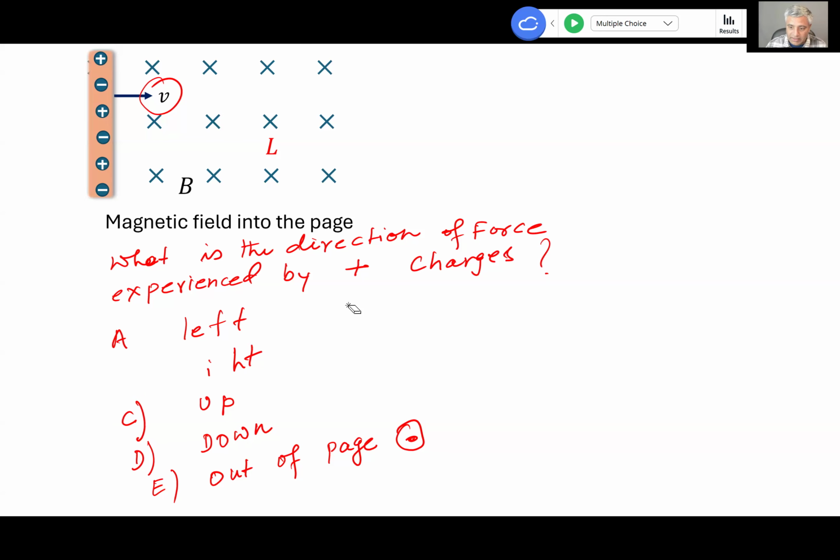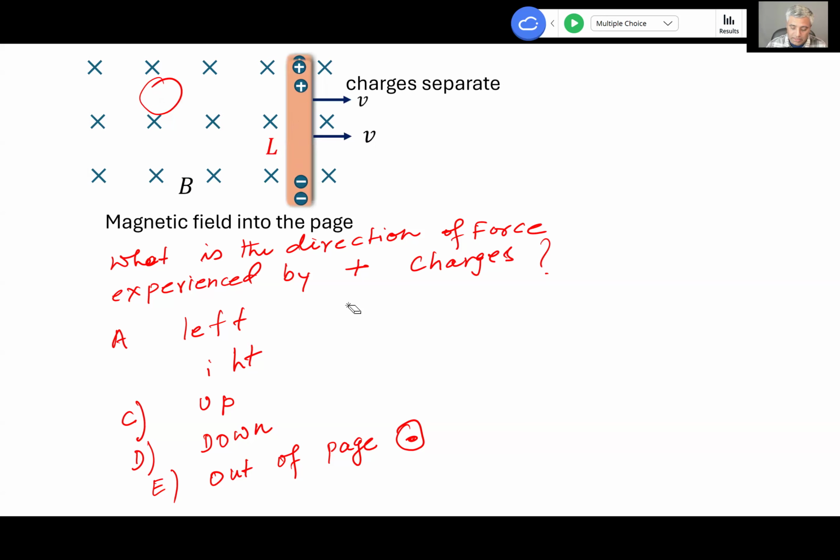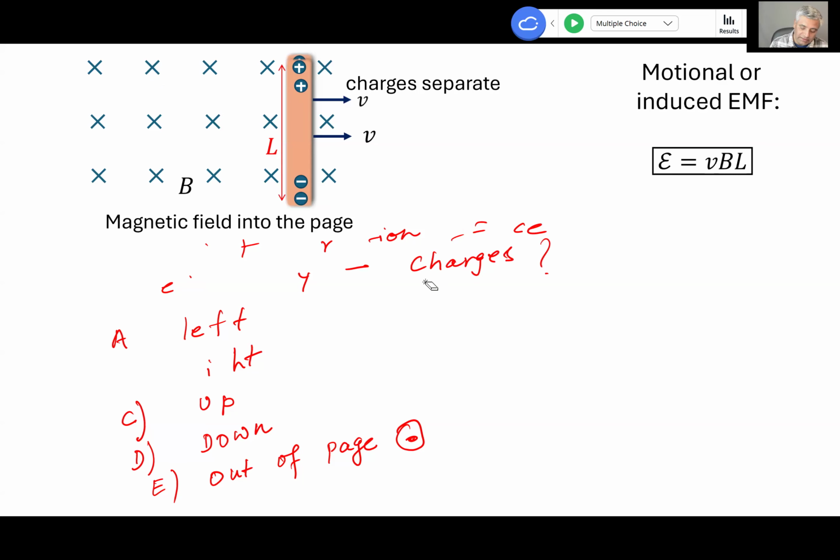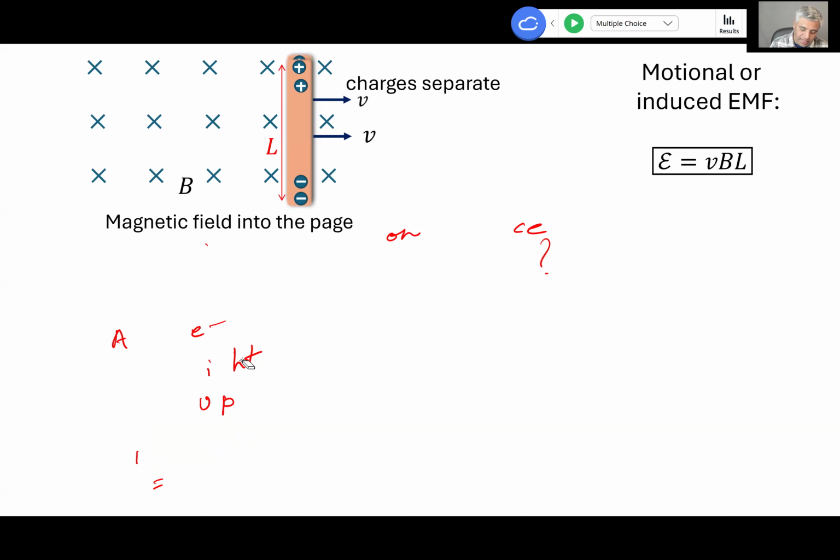Okay, so with that, so now what happens when it moves, of course? So that's why you see the positive charges are up there. So positive charge is up, negative charge is down, because negative charge experience force down, okay, in this case. And because of this separation of charge, it acts like a battery, okay? Remember, in a battery, what happens?